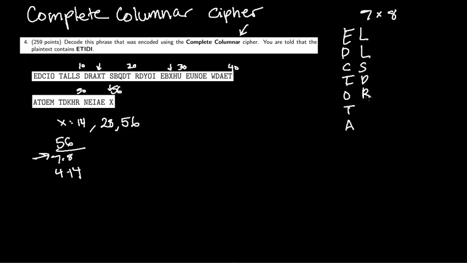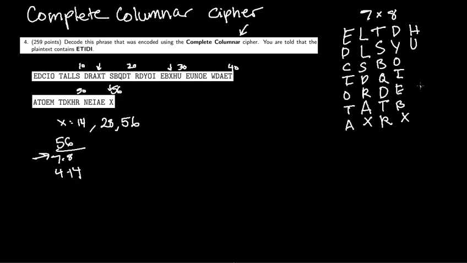T, R, A, X, T, S, B, Q, D, T, R, D, Y, O, I, E, B, X, H, U. See, we want the X at the bottom, because they're all at the end, and they mean nothing. H, U, it's a fill space.